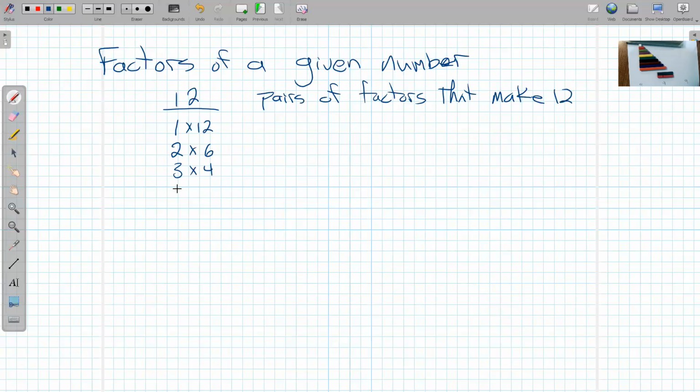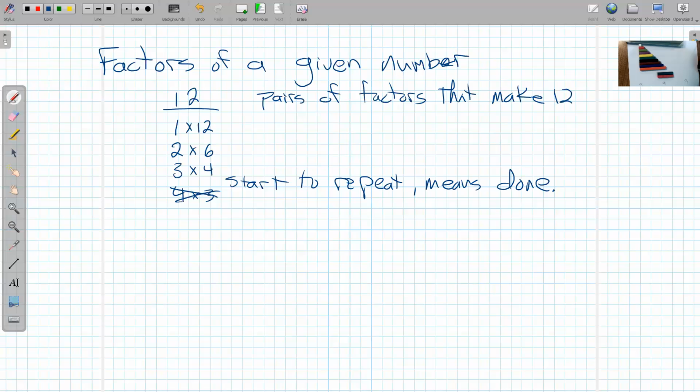And then I might be thinking 4 times 3, but I've already talked about both of those, so now I'm repeating myself. Once we start to repeat, we're done. Sometimes that repeat happens pretty quick, but sometimes it takes a bit.